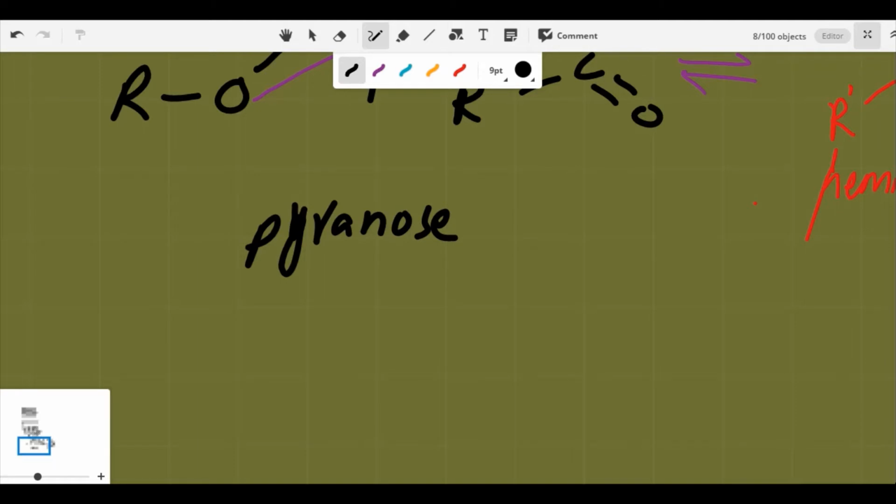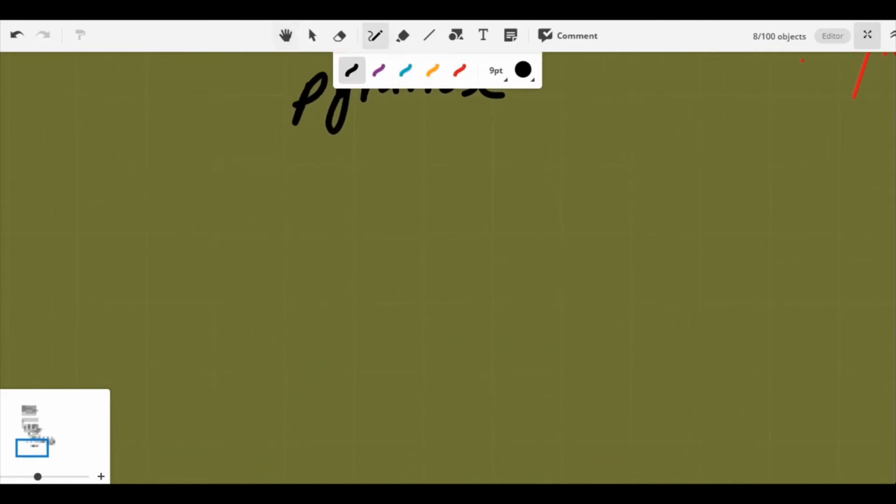So what happened, the same thing occurs. First of all, I am going to make a linear structure of glucose, as you already know, that contains 6 carbons.